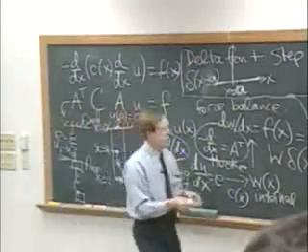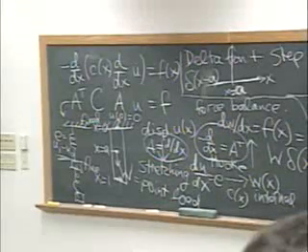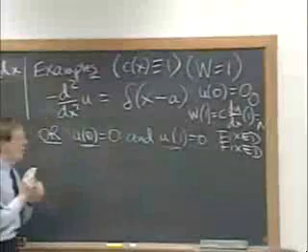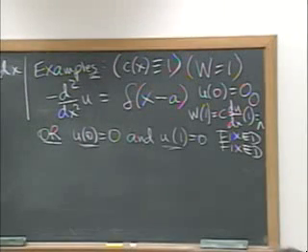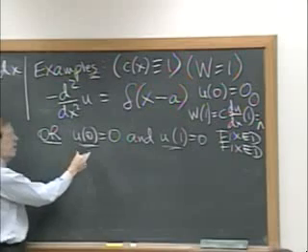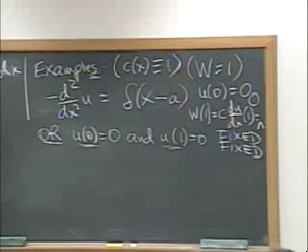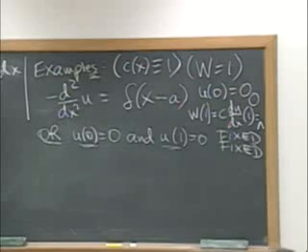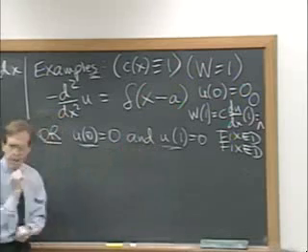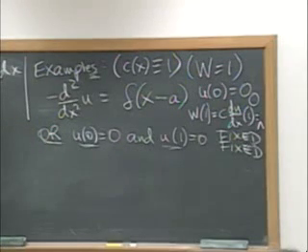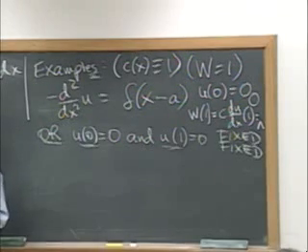And the boundary conditions go with A. The boundary conditions on U are part of the definition of A. A is the derivative, and it acts on functions U of X that satisfy the boundary conditions on U. A transpose is minus the derivative, and it acts on functions W that satisfy any boundary conditions on W. Here I've got two boundary conditions on U and none on W. So it's not really quite legitimate for me to say that A is anti-symmetric.